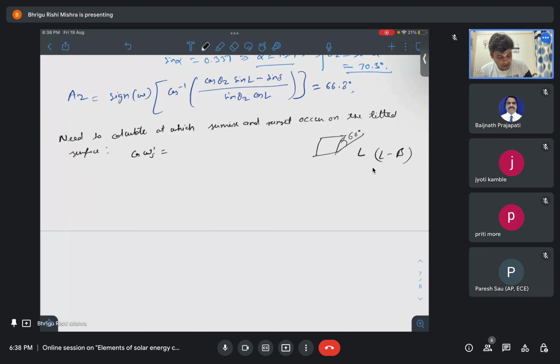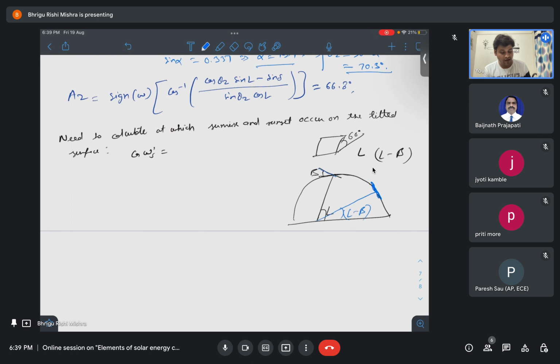Because in the lecture it was shown that if I have a surface making angle beta with the horizontal surface, and the latitude is L, we can find a location where all the properties of this surface will be the same by considering the latitude as L minus beta.